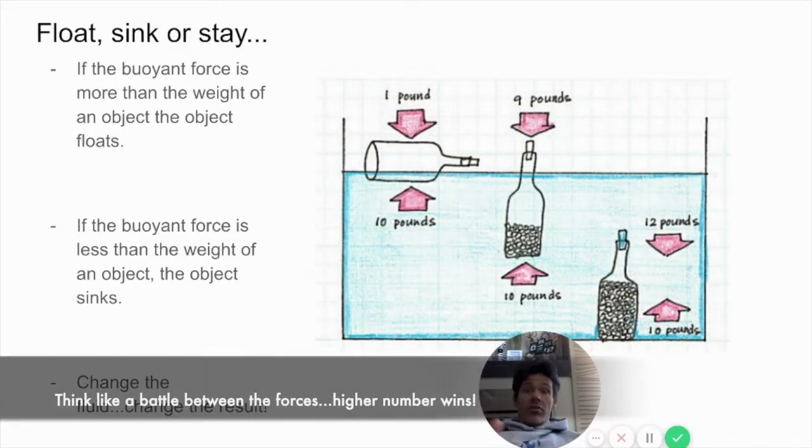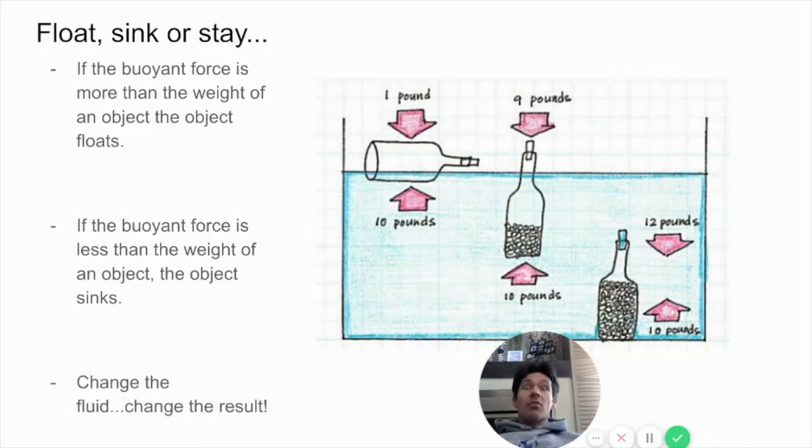Liquid doesn't change. The objects do. When the object is only pushing down with 1 pound of force, the object stays high in the water. Drop a sponge into water. You'll see that happens. Drop an object that's heavier, like 9 pounds. The water is still pushing up with 10 pounds of force, so the object will still float, but less high in the water. It'll sit a little lower.